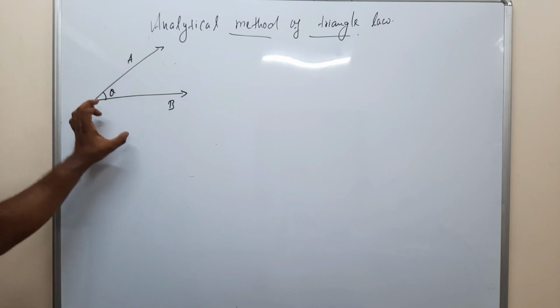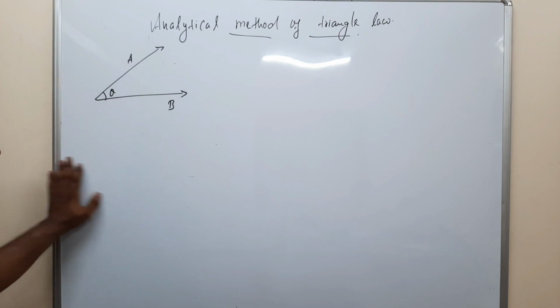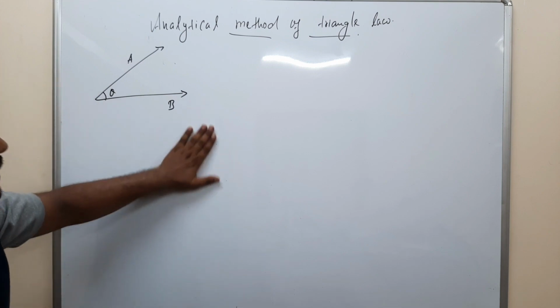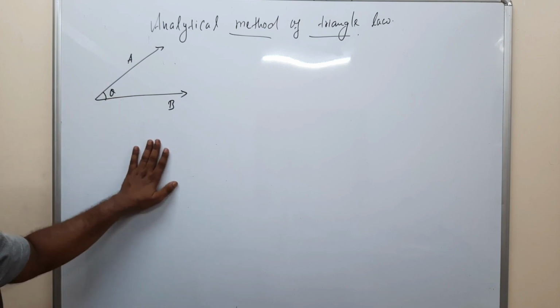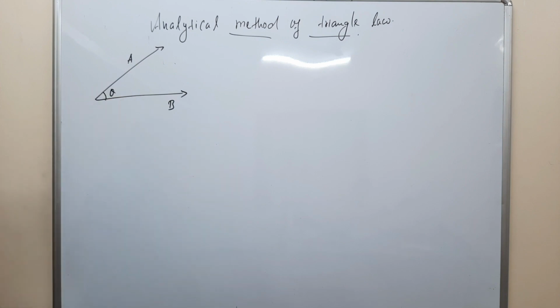So A and B are two vectors inclined at an angle theta, and we have to find the magnitude and the direction of the resultant using the triangle law of addition.